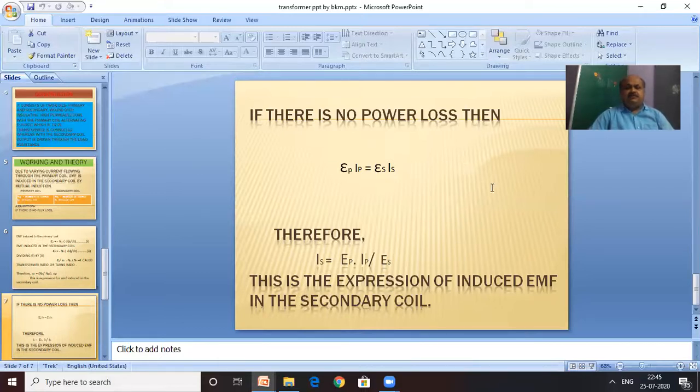And one thing you should know, the ratio of output power to input power is called the efficiency of the transformer. So efficiency eta equals ESIS by EPIP into 100. Therefore, IS equals EP into IP by ES. This is the expression of the induced EMF in the secondary coil.